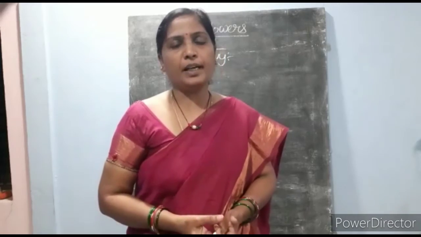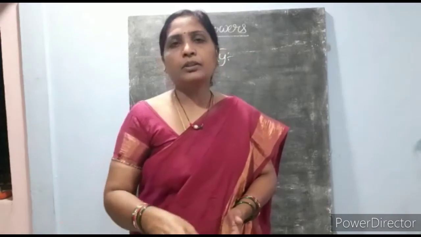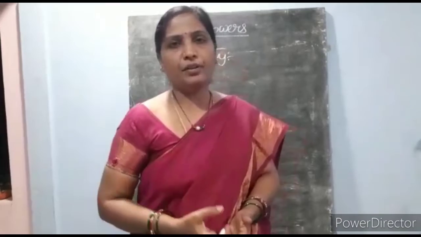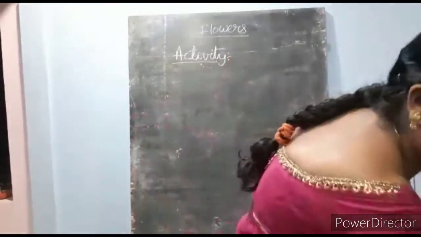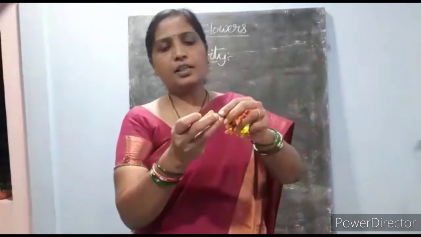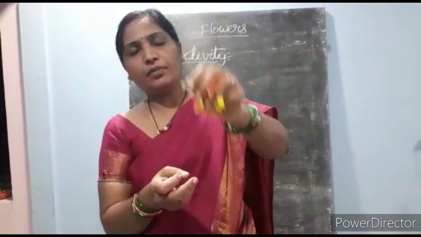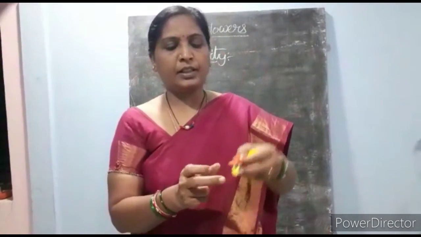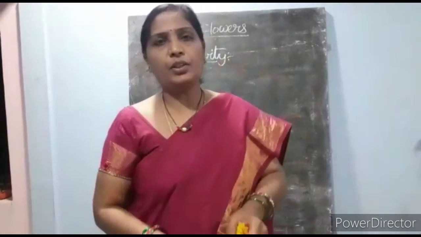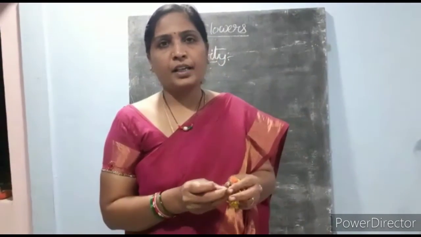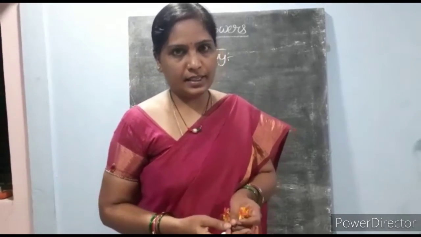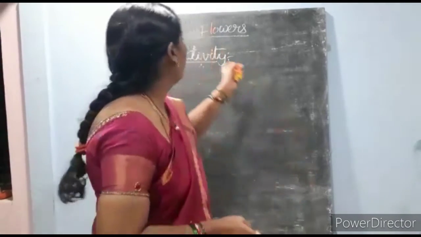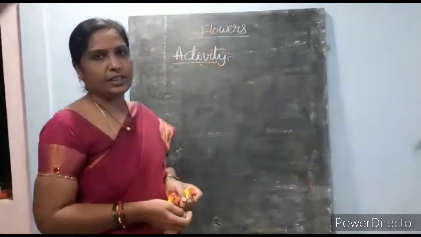You collect the fallen parts of a flower, different fallen parts like this, and different flowers, and one sharp blade and a glass slide. Arrange these things for doing your activity, children.